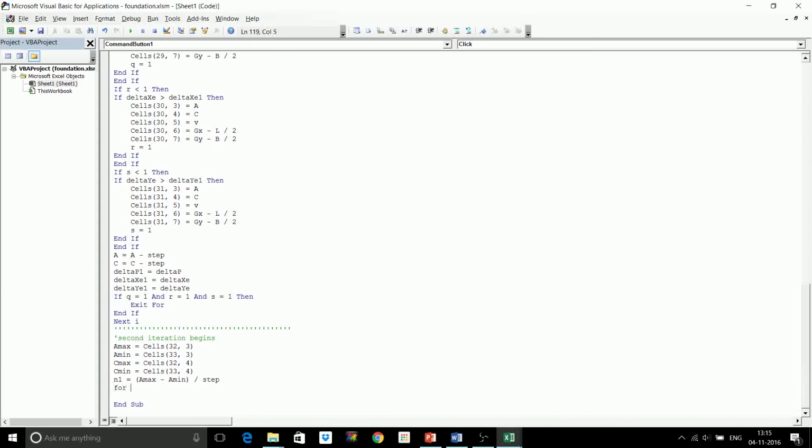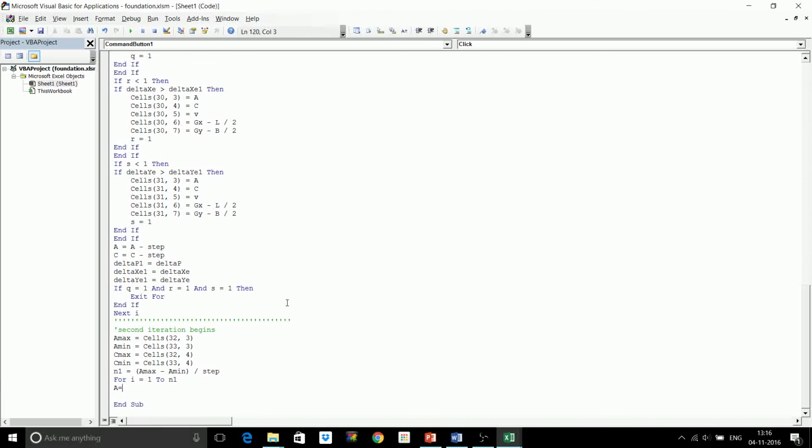So for I is equal to 1 to N1, for this case I want to reduce A, which is equal to A max minus (I minus 1) into step. Every time we are going to multiply by I to step to reduce the values of A.